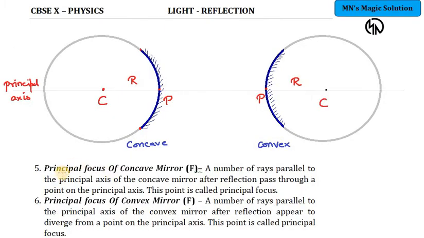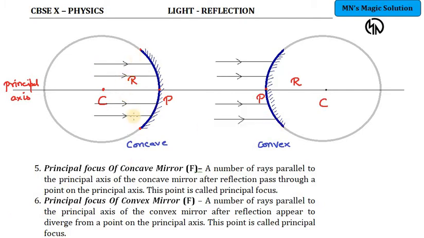Next definition is that of principal focus. But அத பத்தி தெரிஞ்சுக்கிறதுக்கு முன்னாடி first of all we have to imagine what happens when a parallel beam of light hits the mirror. So, in case of concave mirror the rays எல்லாமே converge ஆகும். In case of convex mirror, the rays all will diverge. அது எப்படின்னு பார்க்கலாம்.